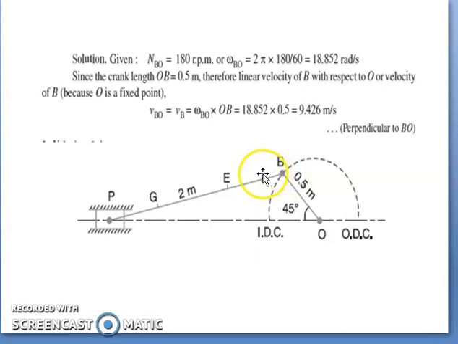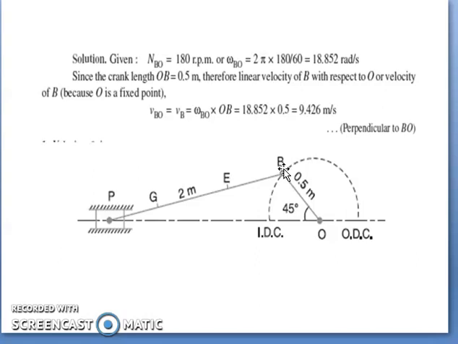So if 0.5 meter is equal to, say here you take it as 2 meters, then this has to be proportionally taken. So with B as center, you take the radius and cut the point. Now if you join these, you will be getting the space diagram of the slider crank mechanism.